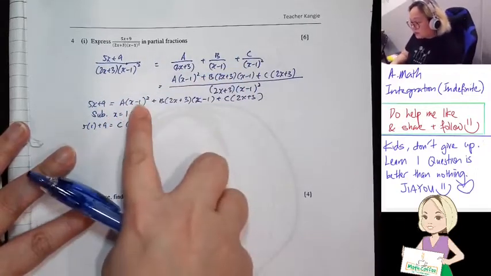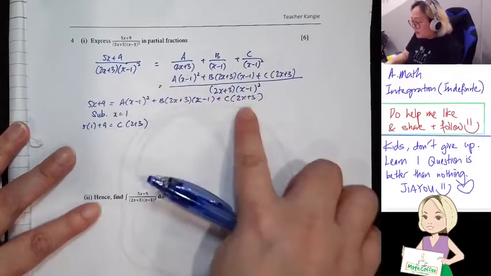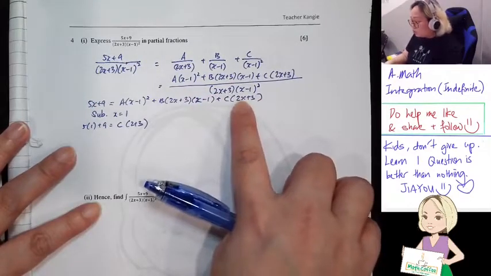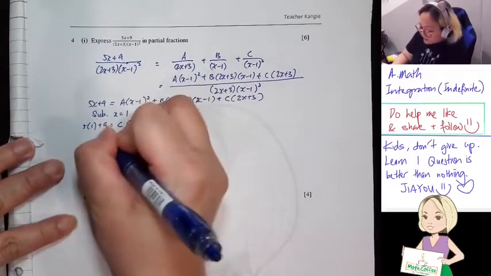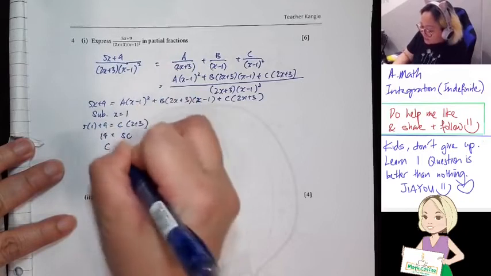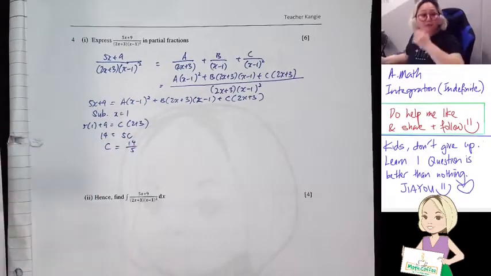Because the other terms disappear, I don't have to write anything. 2 times 1 is 2, 2 plus 3 is 5. So I end up having 5c equals 14, so my c is 14 over 5.